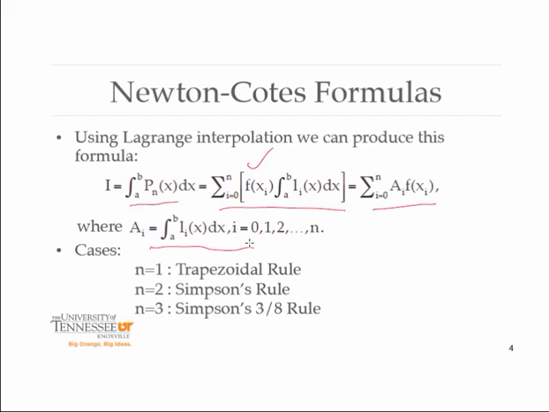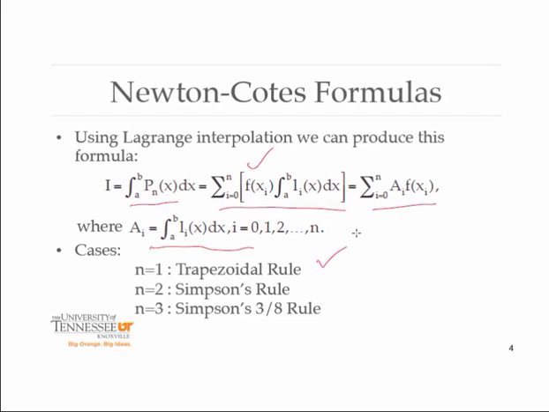But the hope here, of course, is that those Li of x's are very simple to integrate. And if you go back to the derivation we did of the polynomial interpolants, they were very simple. They were either linear, quadratics, or cubics, depending upon the degree of the overall polynomial we were using to do the interpolation. So we're going to look at these cases. If n is equal to 1, which means you have 2 data points, that's called the trapezoidal rule.